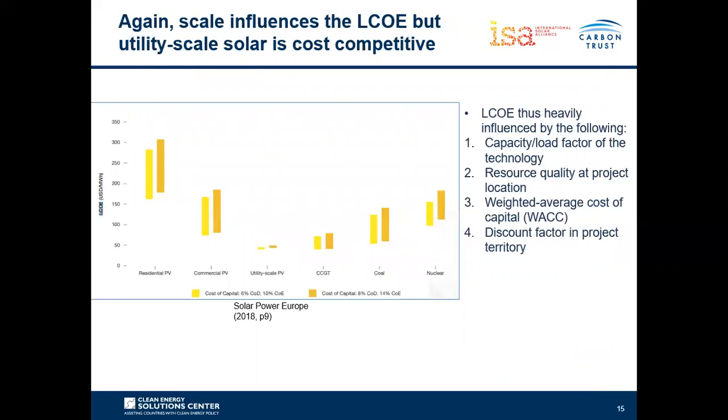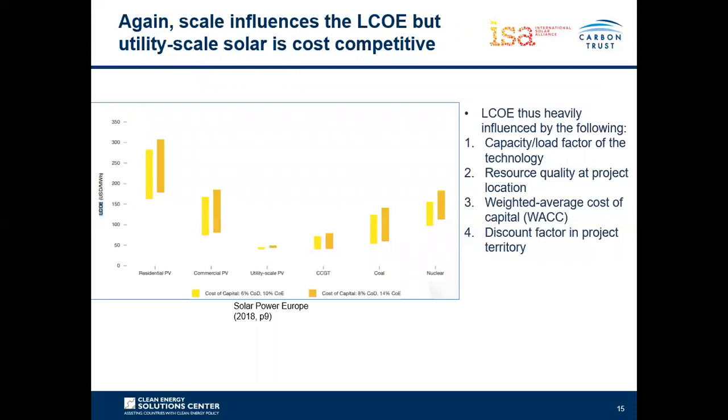So looking at the LCOE for the various scales, we can see once again, residential and commercial scale are costlier than the utility scale on a per unit basis. However, utility scale PV is seen as being cost competitive with conventional and fossil fuel technologies.